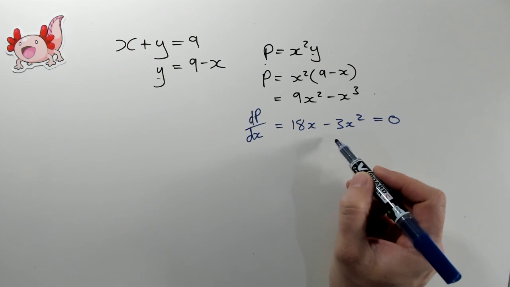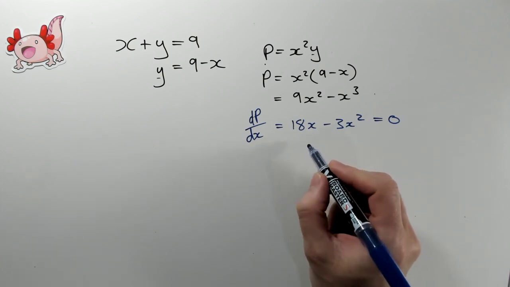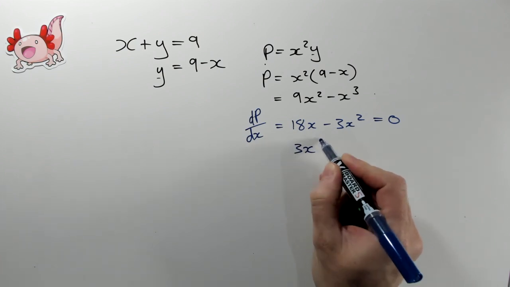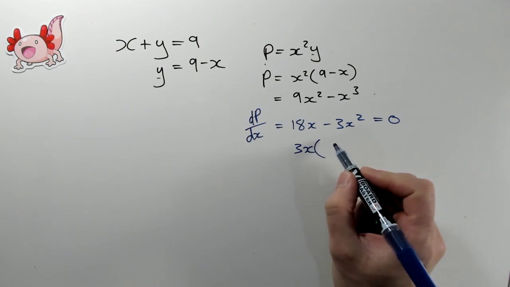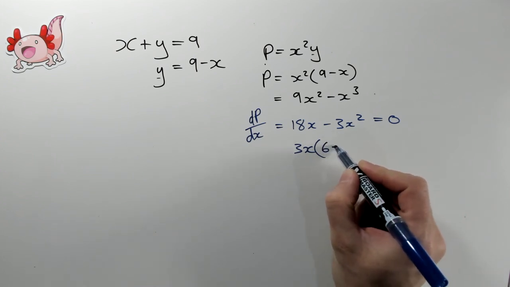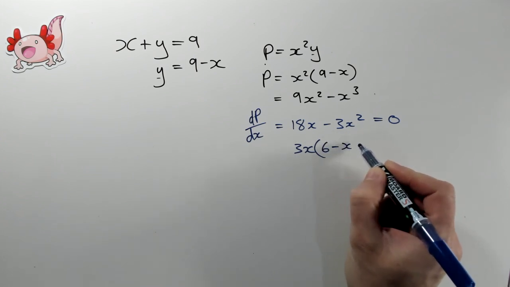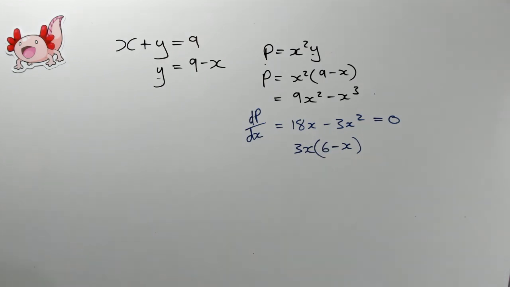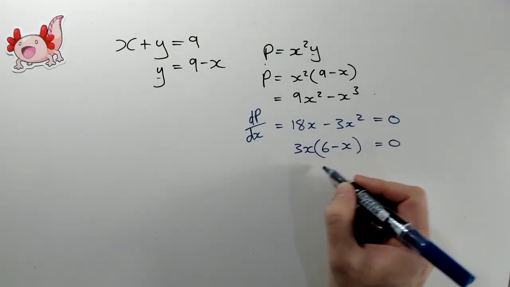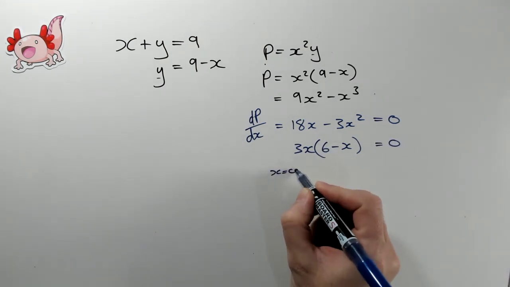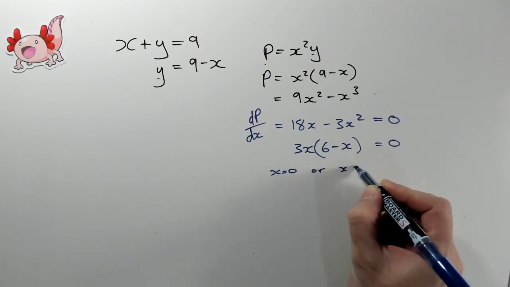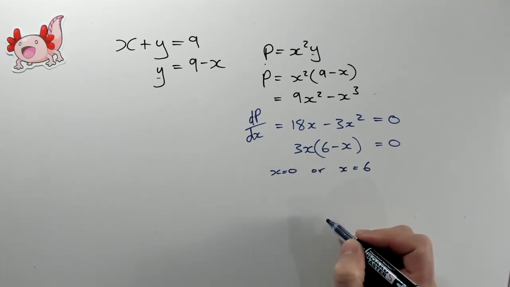I can factorize this out. I can take out a 3x, and what's left on the inside will be 6 minus x. And that would be 0. So I have two answers here: x can be 0 or x can be 6.